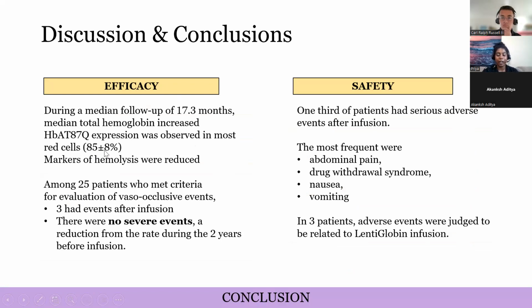The markers for hemolysis were reduced. And they were able to almost eliminate vaso-occlusive events, which is the main, I guess, primary phenotype of sickle cell disease. And in terms of safety, yes, 1/3 of patients had some serious adverse events after infusion, but they were mostly abdominal pain, nausea, vomiting. There were no cancerous events from the vector insertion. And in 3 of the patients, it was related to the LentiGlobin infusion, and the rest, it wasn't related.